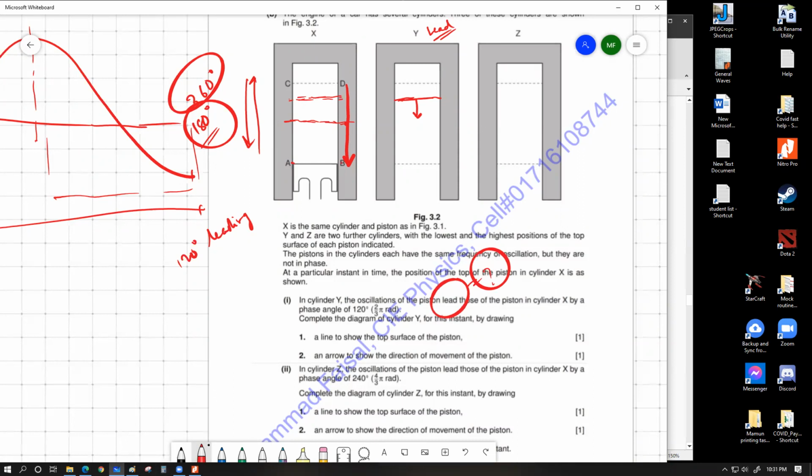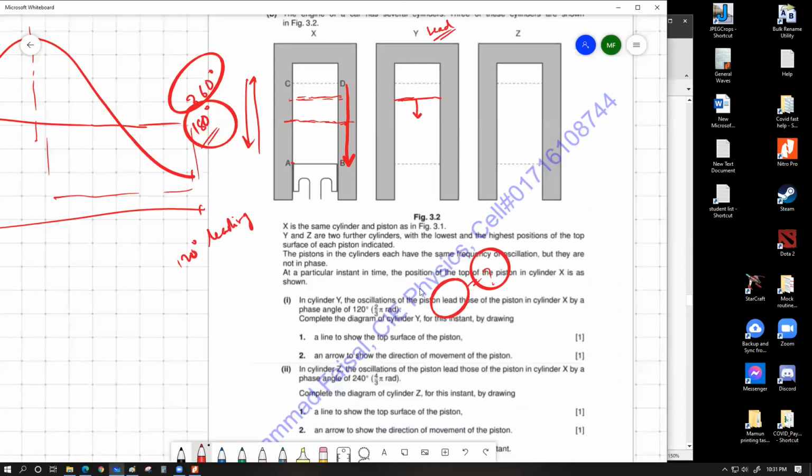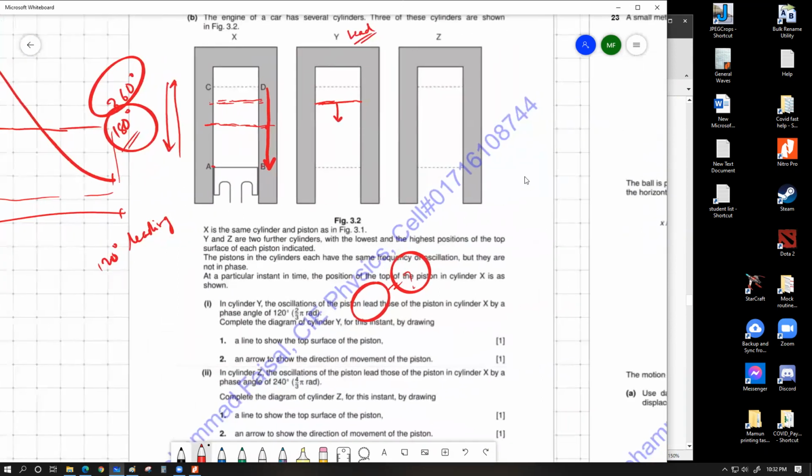The mark scheme says the arrow for B1 should be pointing upwards, but for my explanation it is appearing to show downwards. So I have definitely messed up the physical meaning of this word leading, so I would like to look into it. As I said, this often gets messed up and I have to reorganize and re-explain later. It has happened before and is happening here too. So I have a permanent problem in my brain for this word.